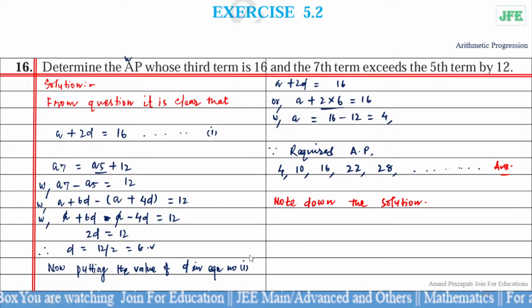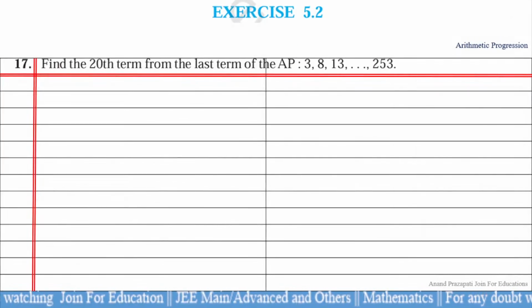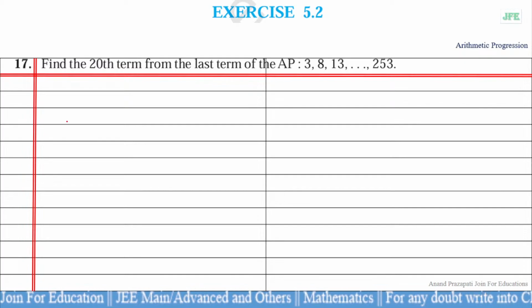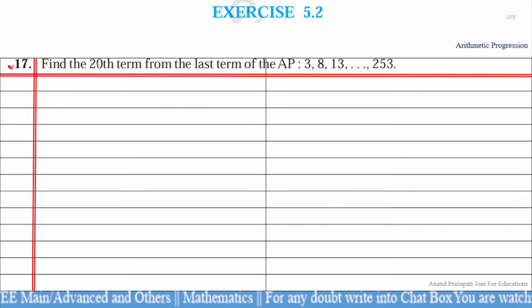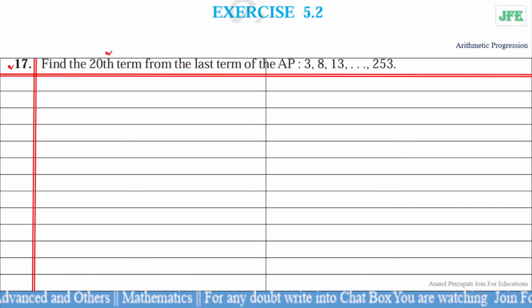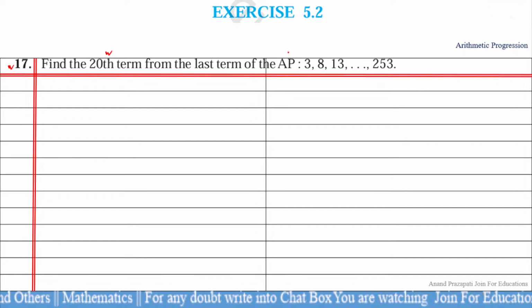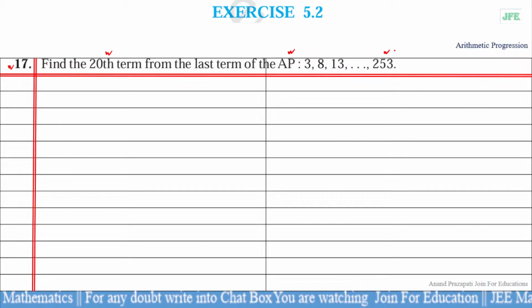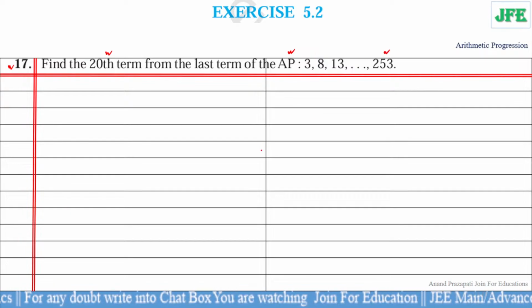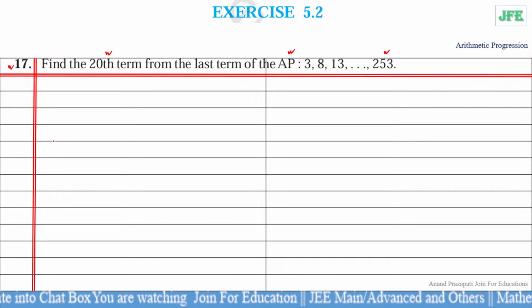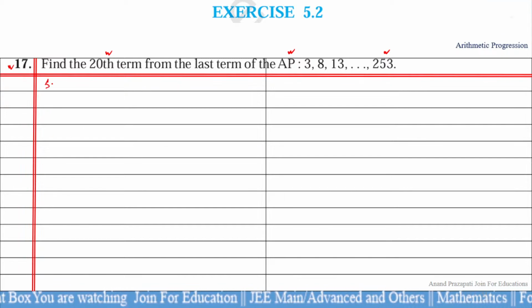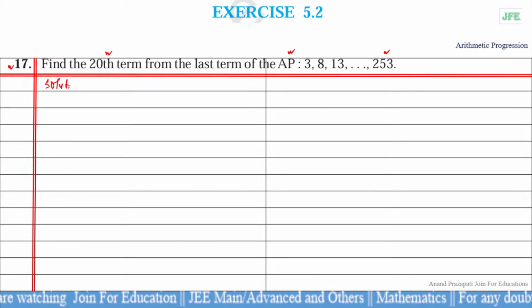So let's see question number 17. Question number 17 is to find the 20th term from the last term of this AP. Let's see the solution of this question.